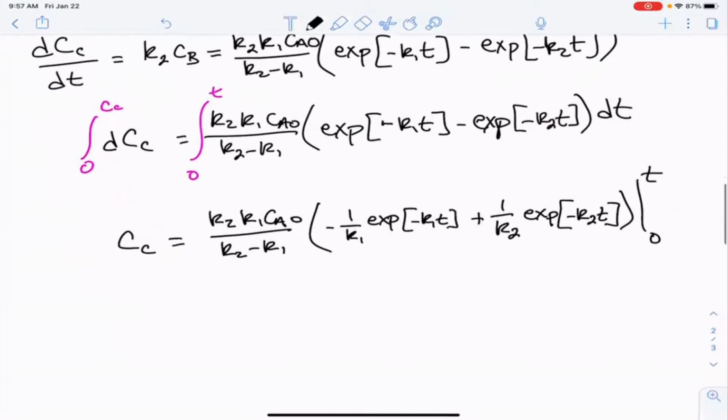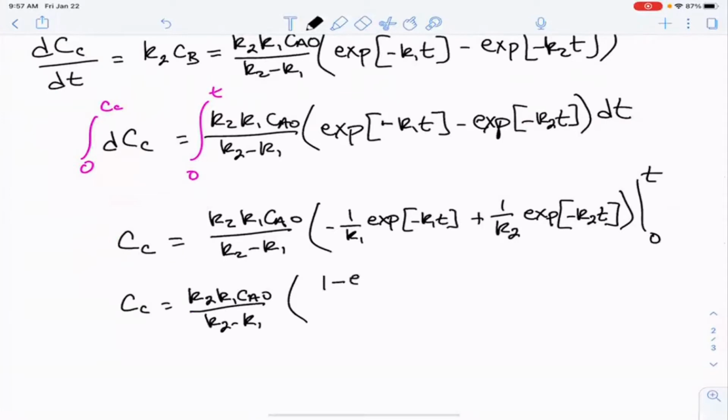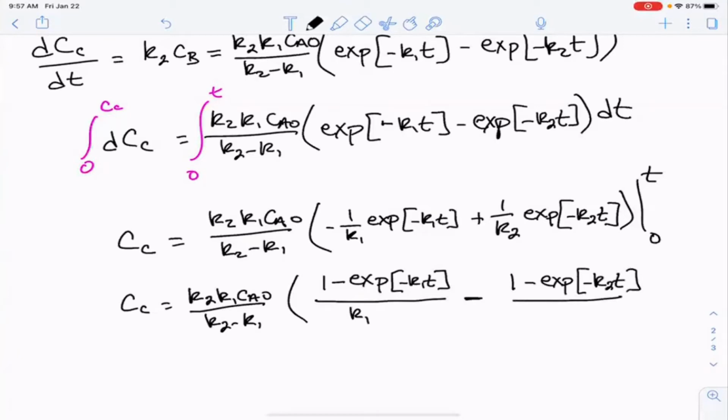And if we do that, the concentration of C just becomes equal to K2 K1 CA0 over K2 minus K1 times 1 minus the exponent of minus K1 times time divided by K1 minus 1 minus the exponent of minus K2 times time divided by K2.